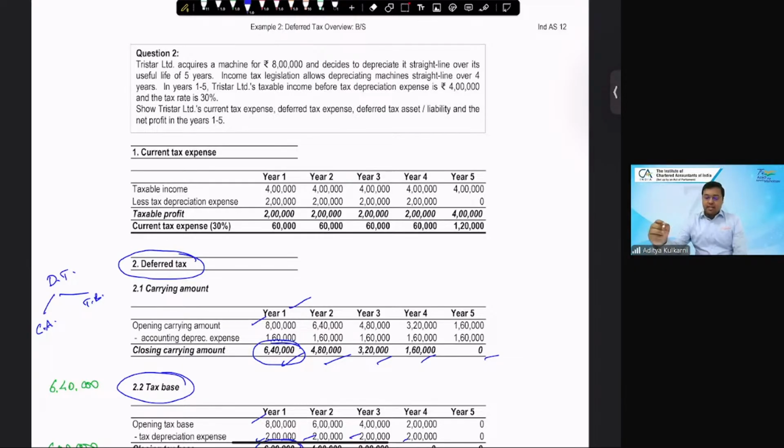So therefore, I am looking at this situation from a balance sheet perspective and arriving at the same conclusion. Any doubts so far?